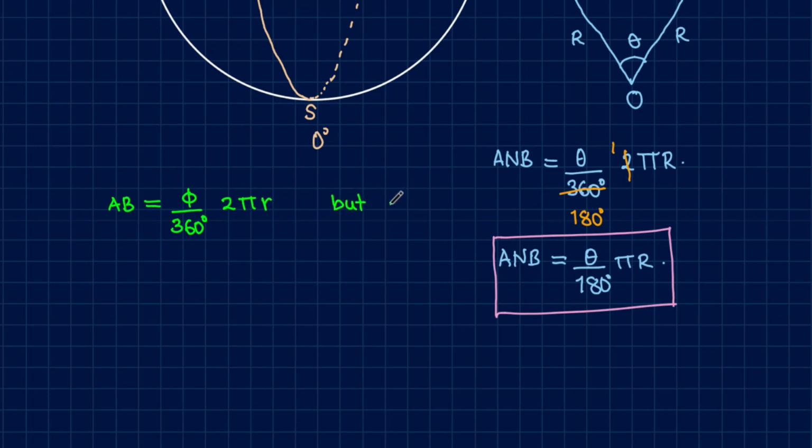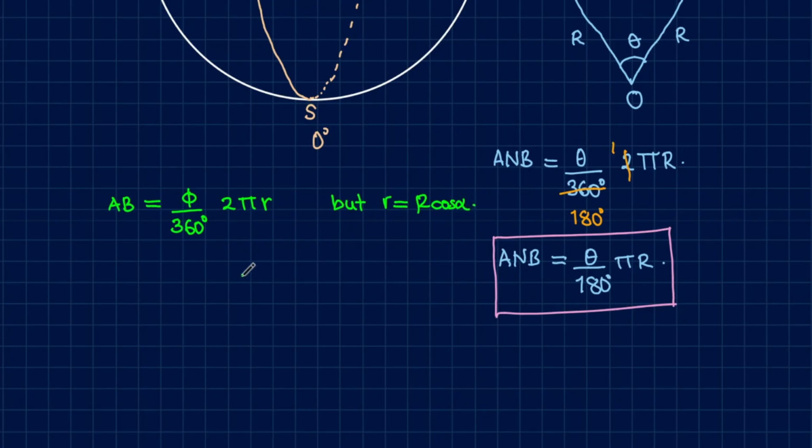But we know also that small r is given by capital R cosine of alpha. And alpha is the angle in which the latitude falls.